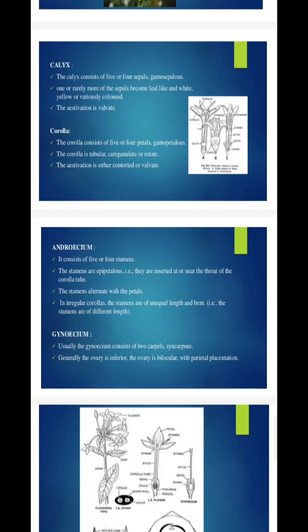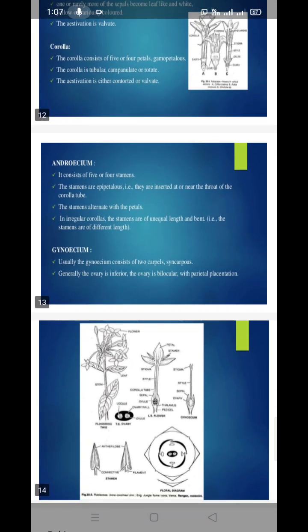Petals and stamens are exactly alternately present, but they are attached to the petals. In irregular corollas, these stamens are of unequal length and bent. That is, the stamens are of different lengths.